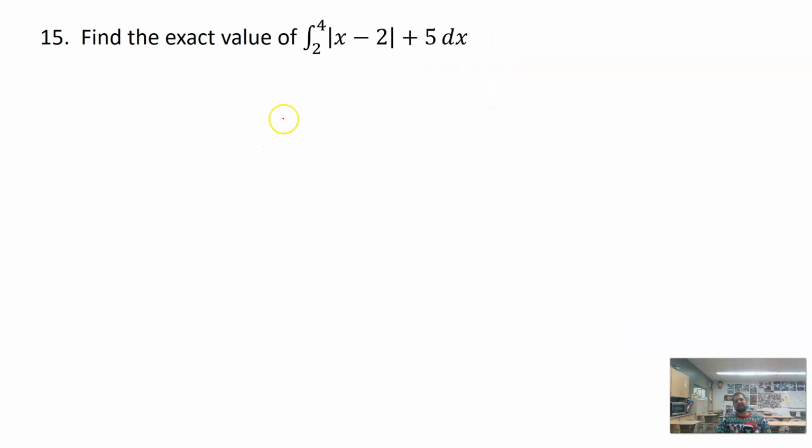Lastly, I want to find the exact value of the integral from 2 to 4 of x minus 2 plus 5. If you graph that on your calculator, what has happened is we went forward 2, and then we're going 1, 2, 3, 4, 5. This would look like this right here. What's formed from 2 to 4 is a nice trapezoid.